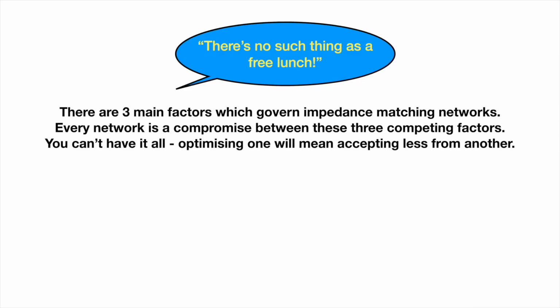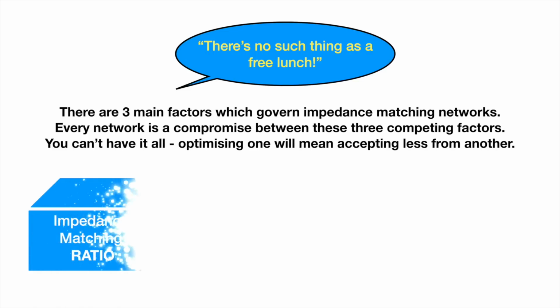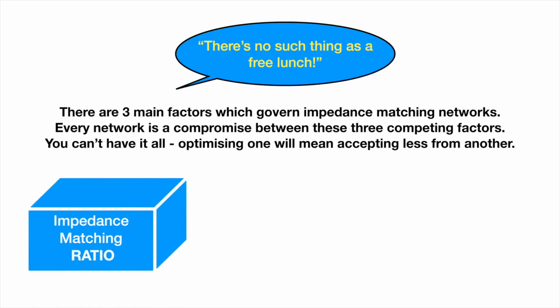So what are these three competing factors then? Well, the first one is what I would call the impedance matching ratio. We're going to look at all these in a bit more detail in a moment. So this is just the amount of ground that we're trying to cover. So how widely spaced apart are these impedances that we want to match, right? That's the ratio.